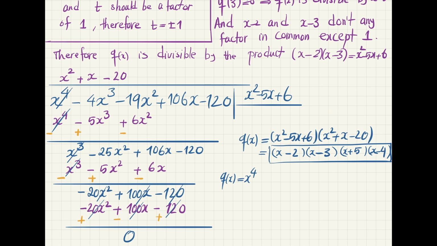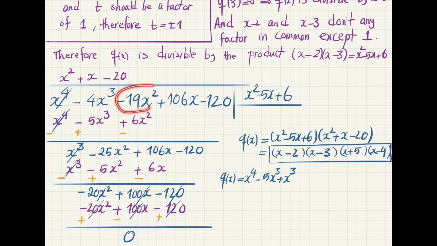But you see, it is minus 5x to the 3 plus x to the 3. So I need to break minus 4x to the 3 into minus 5x to the 3 plus x to the 3. So I will do that. So it becomes minus 5x to the 3 plus x to the 3. Yes. And now let us go to the next term, minus 19x squared.